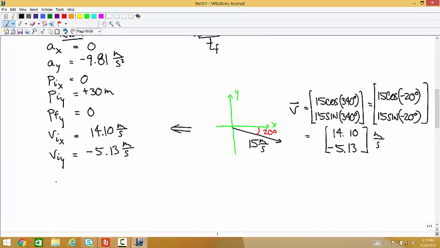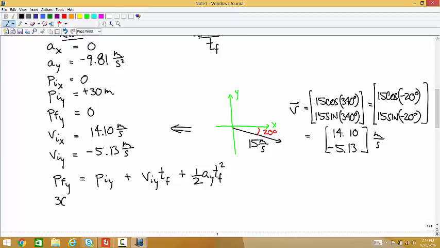So I think the one we want is PFY is equal to PIY plus VIYTF plus 1/2 AYTF squared.